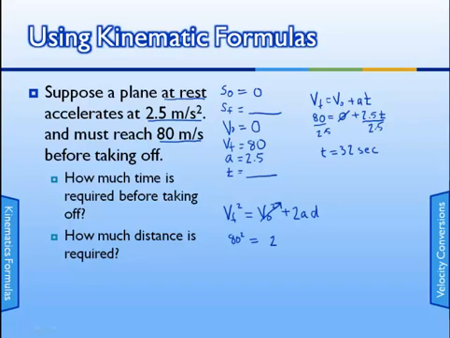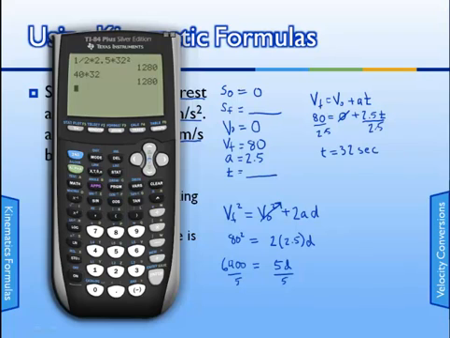And we're left with 2 times the acceleration, which is 2.5, times the distance that we traveled. 80 squared is just 8 times 8, it's just 6,400, which is equal to, and here 2 times 2.5, that's 5D. And divide both sides by 5. 6,400 over 5, and look one more time, we get the same distance of 1,280 meters.